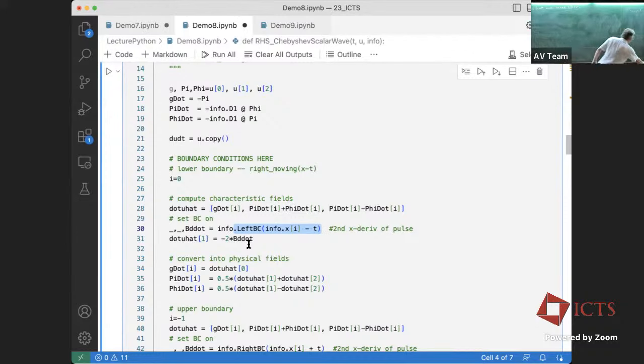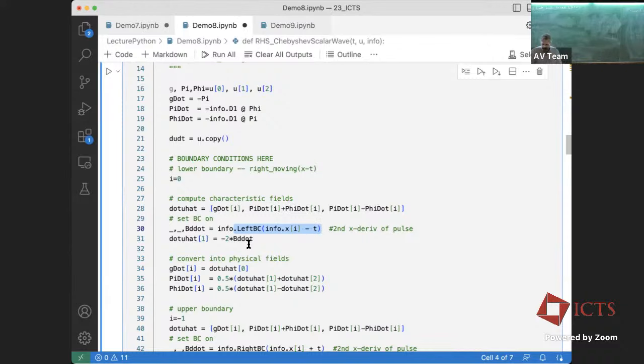But the boundary conditions require us to specify the time derivative. So if I'm now putting one more derivative here on top, this turns into one more spatial derivative of the shape of the pulse moving around.